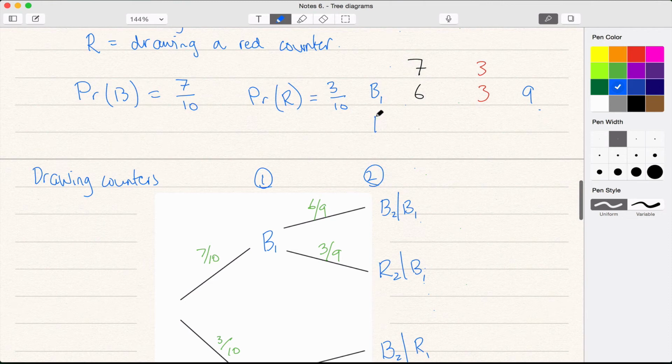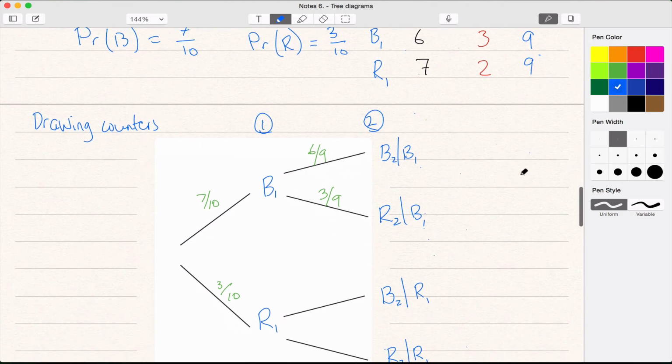Okay, now if we pull out red first, we end up with 2 reds left, and still all 7 blacks are there. We do have 9 overall though, same as before. So chance of getting a black after getting a red is 7 out of 9. Chance of getting a red after getting a red is 2 out of 9.